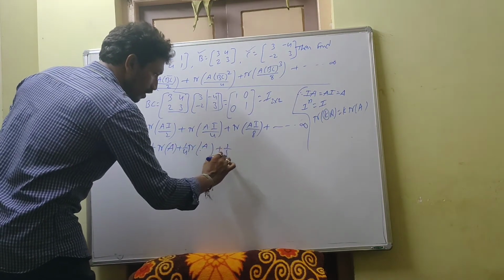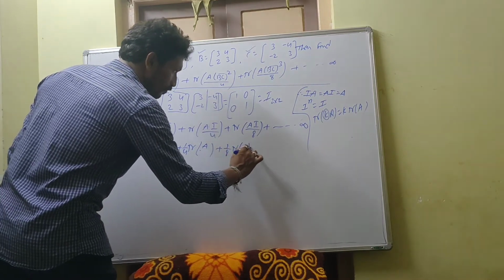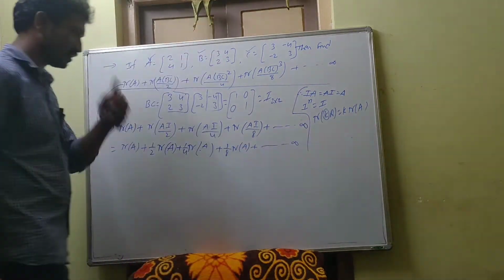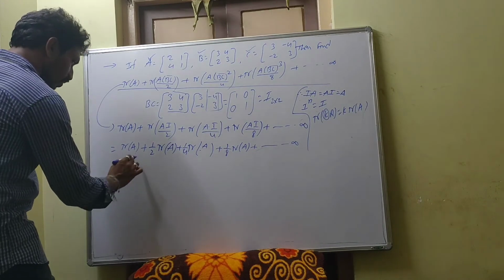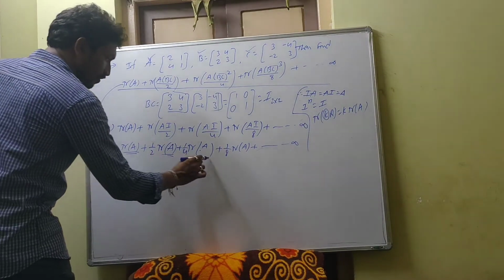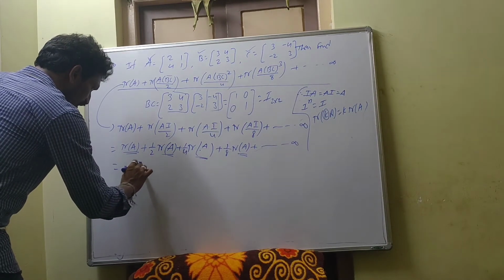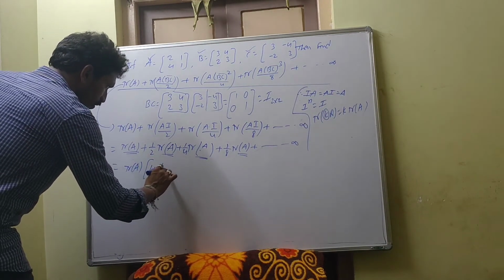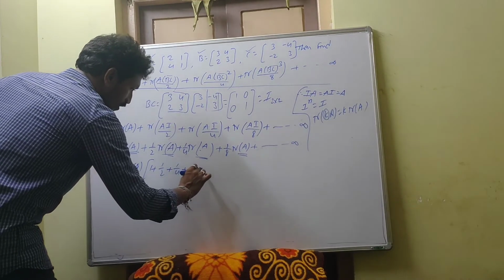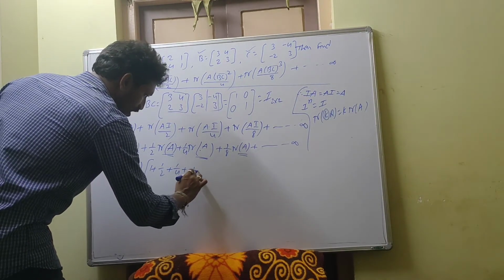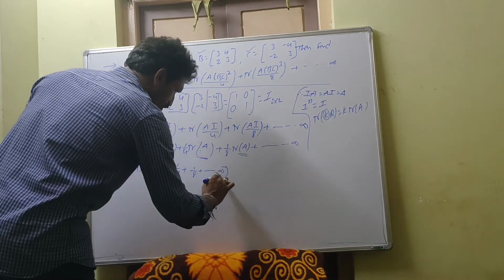Here 1 by 8 into trace of A, plus and so on. See here, what you can take outside is trace of A, from every term. So take trace of A outside. This is 1 plus 1 by 2 plus 1 by 4 plus 1 by 8 plus and so on to infinite.